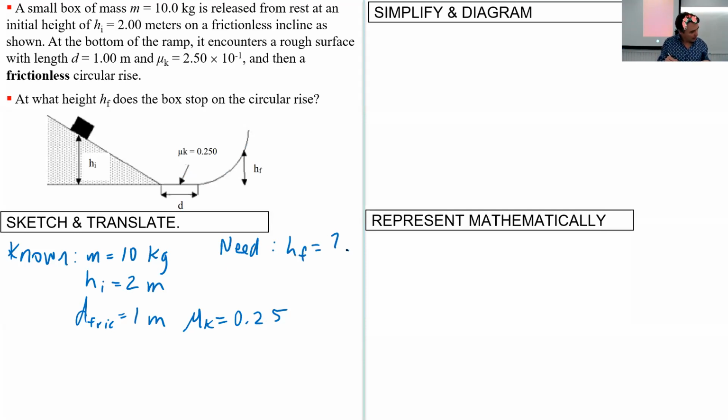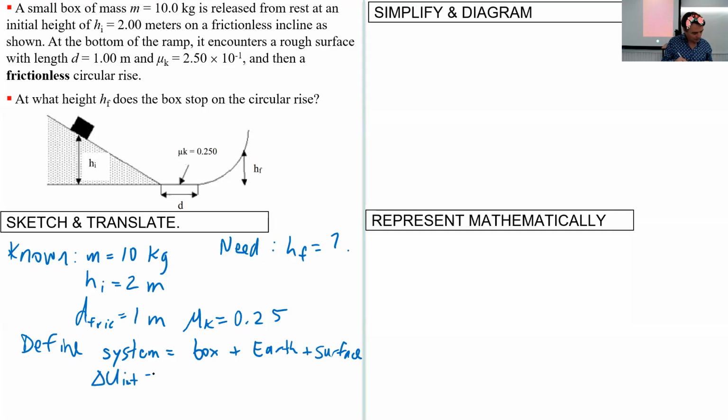Okay, and what I'm going to do is define the system as the box plus the Earth, because mgh is going to be important, plus all the surfaces involved. And so what's going to happen is delta U internal equals F sub k times d will be generated in the flat slide.